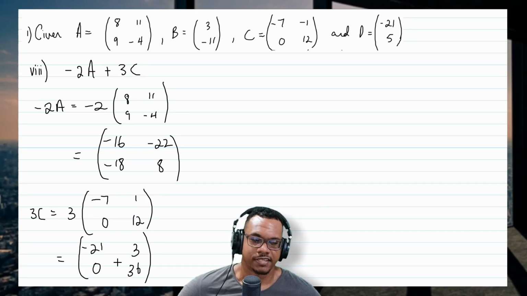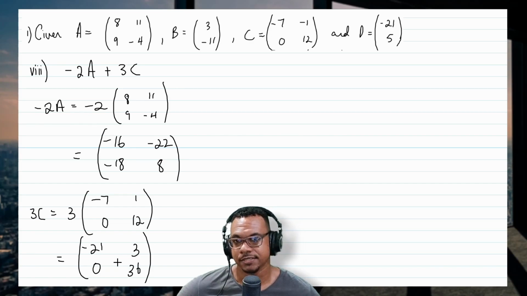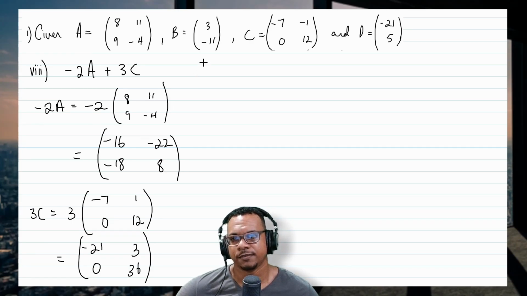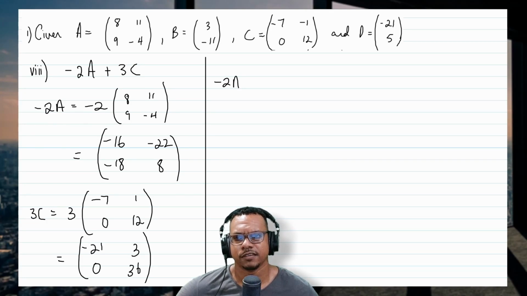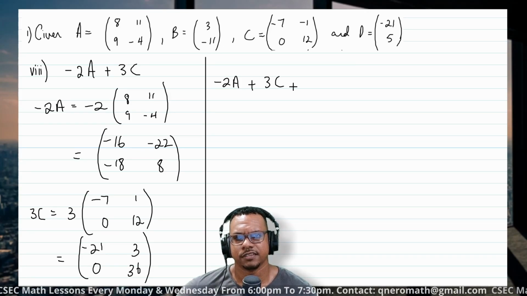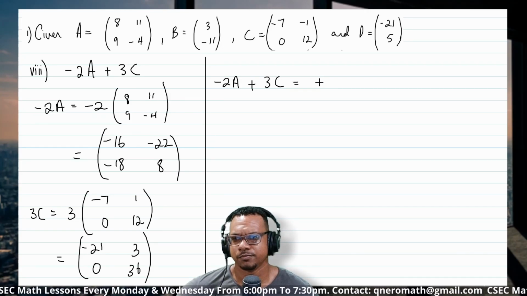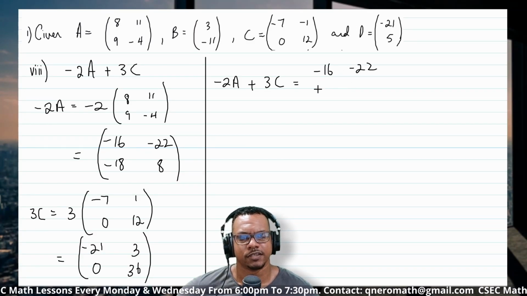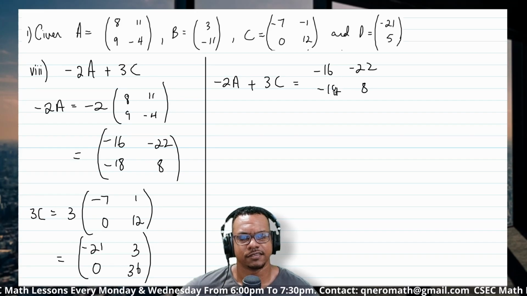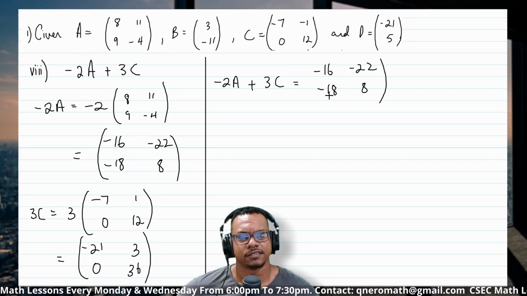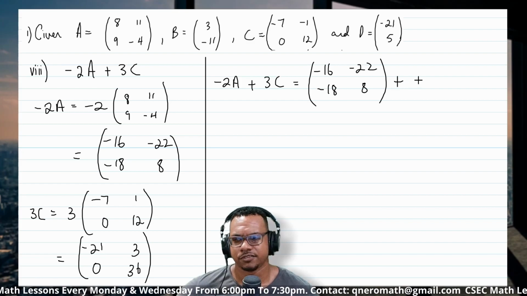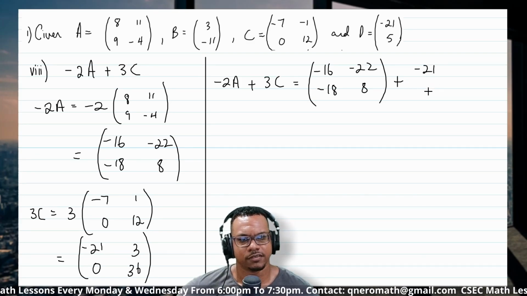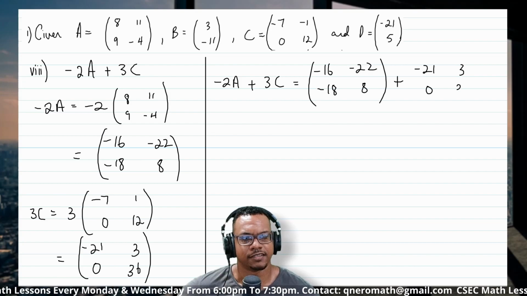Now that we have the negative 2a and also the 3c, we can add them up. Negative 2a plus 3c is equal to the answer for negative 2a, which is negative 16, negative 22, negative 18, and 8, plus 3c, which is negative 21, 0, 3, and 36.